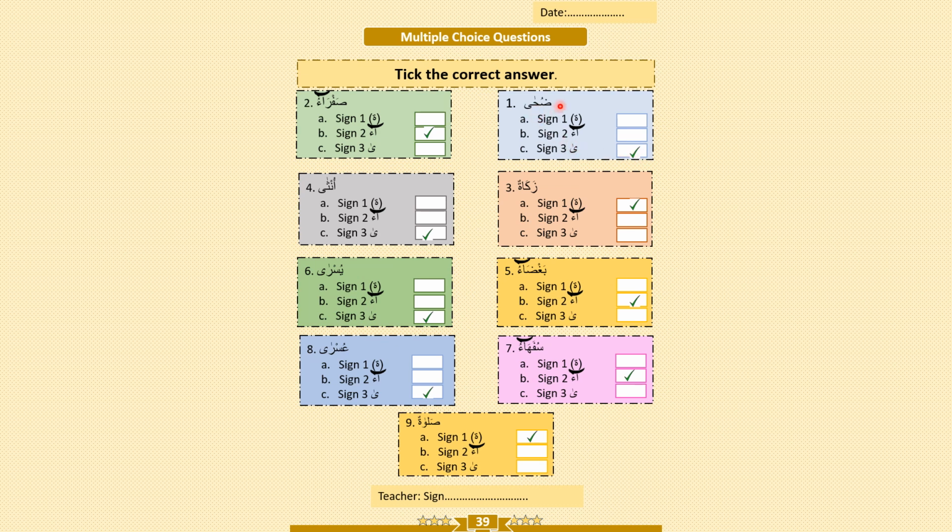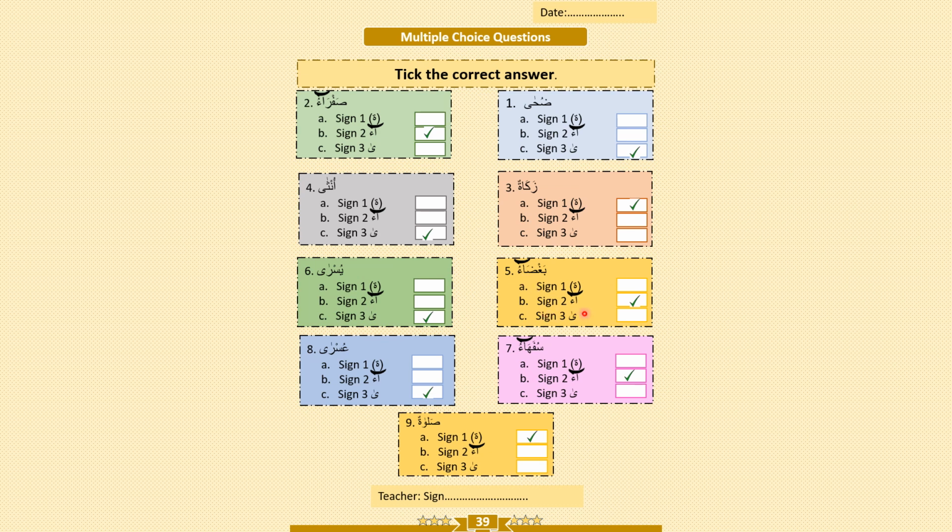So let's look at duha. Is duha sign 1, 2 or 3, A, B or C? So we identified as sign 3, alif maqsura. Safra'u, sign 2, alif mamduda. Zakatun, sign 1, ta marbuta. Untha, sign 3, alif maqsura.